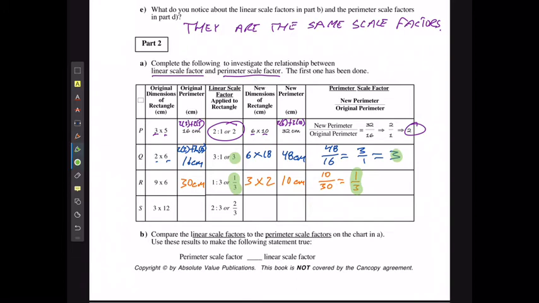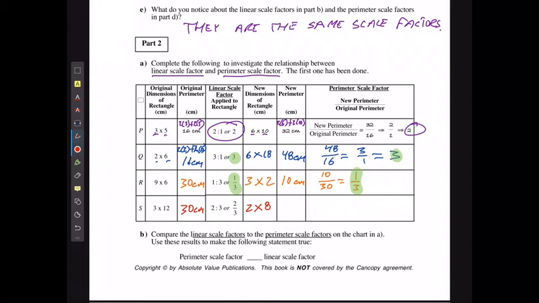For the last one, this is going to be 30 centimeters, and I'm going to have a scale factor of 2 over 3. So 3 times 2 over 3 is going to be 2. 12 times 2 over 3 is going to give me 8.